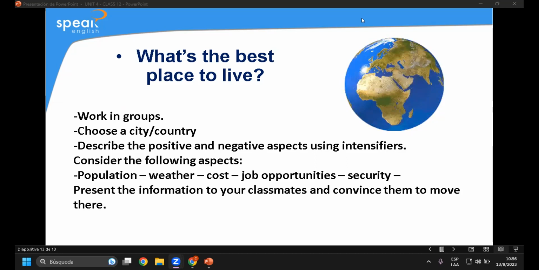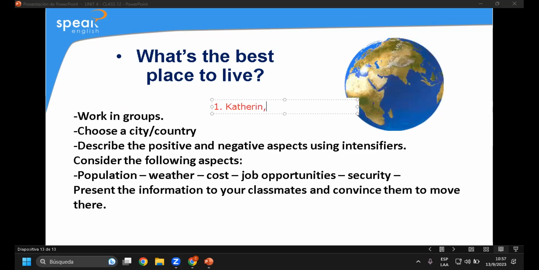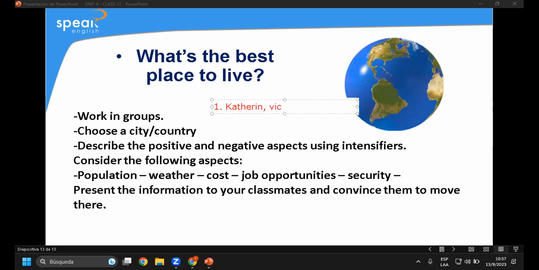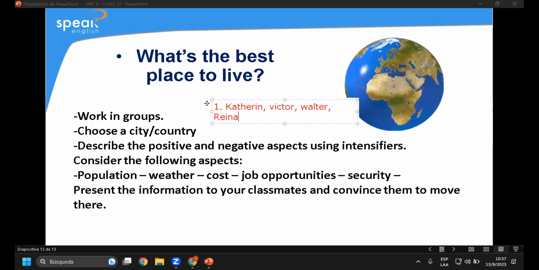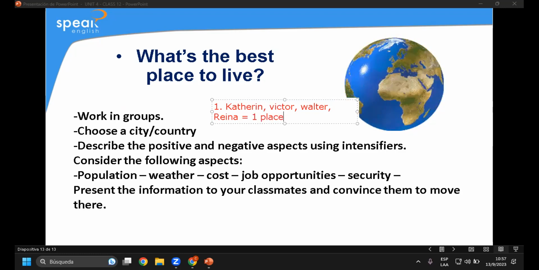So, for example, imagine that in the first group it's working Catherine, Victor, Walter, and Reina. I have 4 people. You have to pick only one city or one country per group. So Catherine, Victor, Walter, and Reina have to pick only one place.